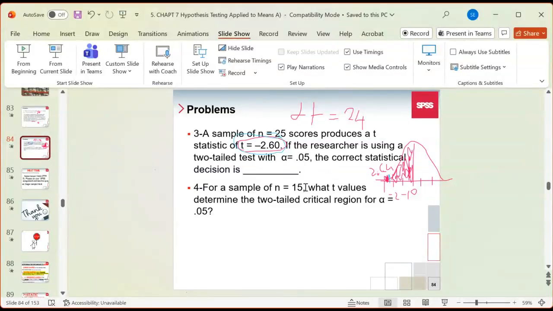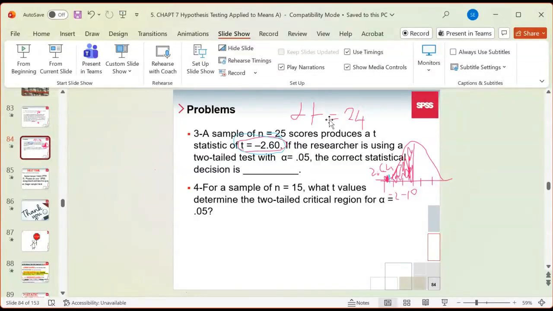Well, you need to go back to page 702 and find the critical value of the t. You need two things: one-tail or two-tail, alpha, and the df.